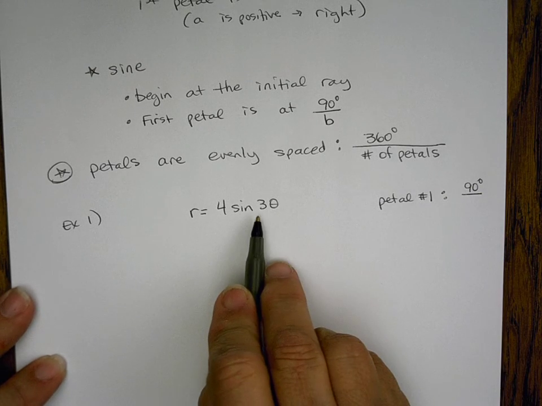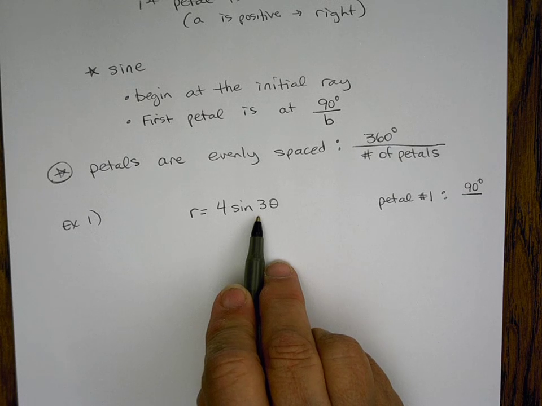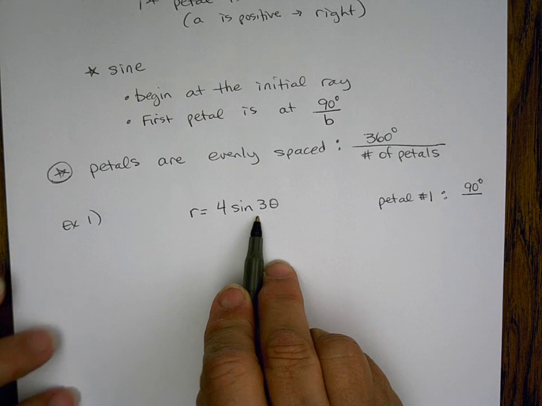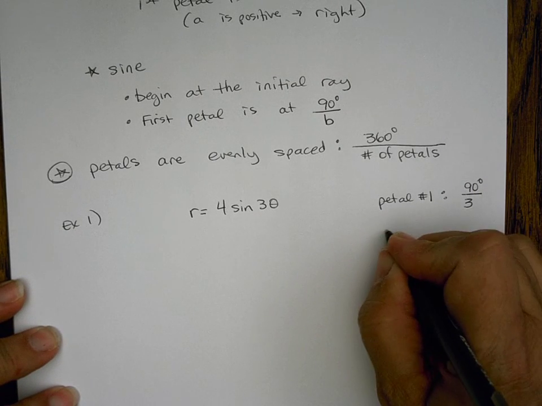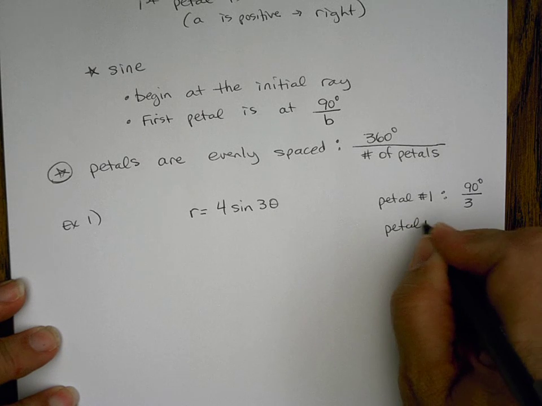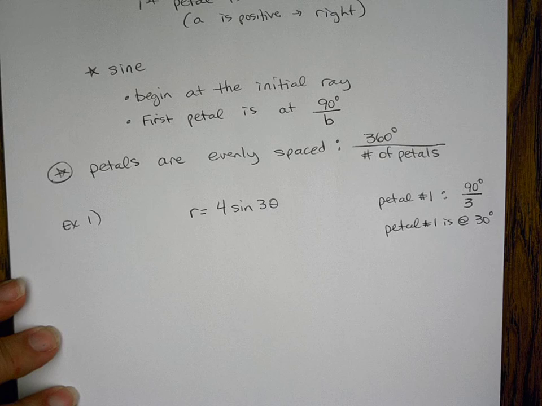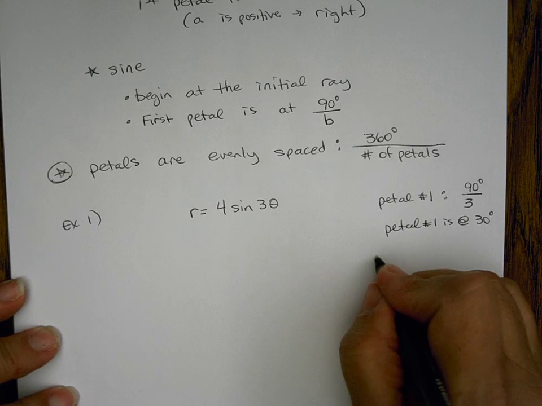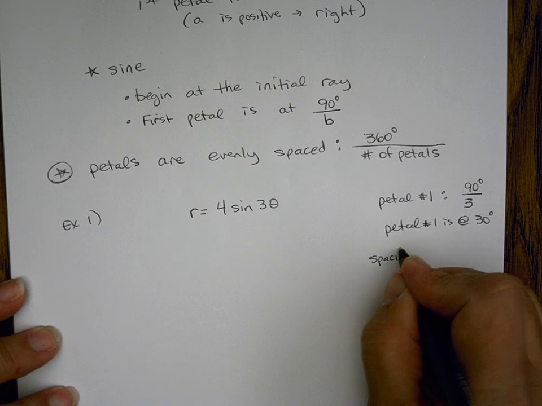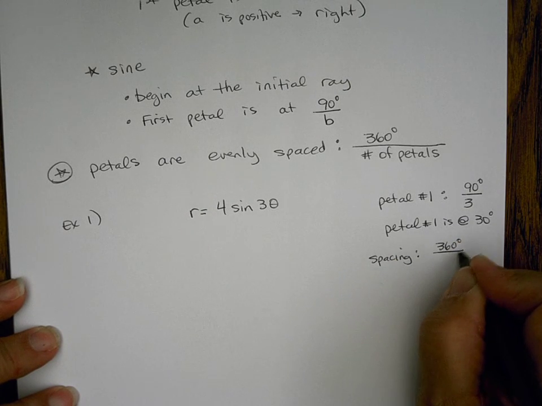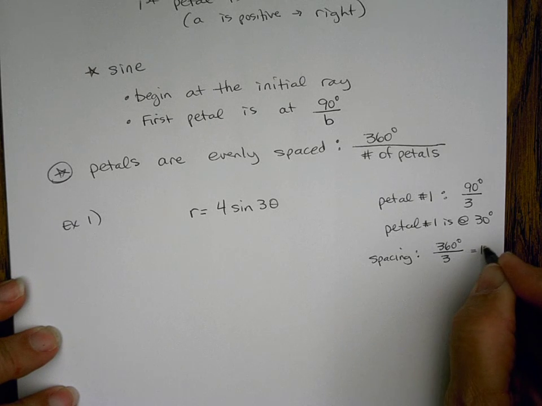If I have 3 in front of the theta, that's B. It's odd. Do I have 3 petals or do I have 6 petals? 3. So I'm going to divide by 3. So petal number 1 is at 30 degrees. And then the spacing is going to be 360 divided by 3, which is 120.